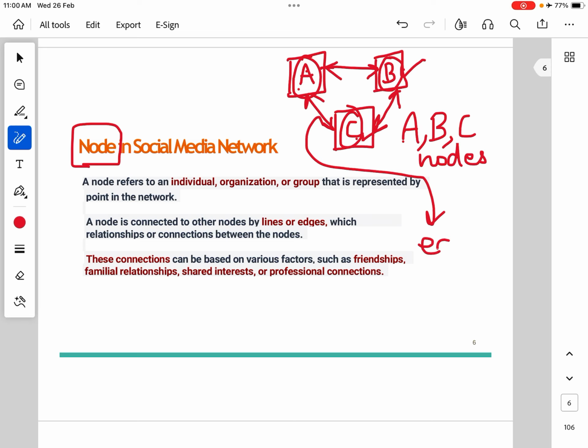This is nothing but an edge, a line connecting A with C, A with B and B with C. These connections can be based on various factors such as friendships, familial relationships, shared interests or professional communication. Here we have taken the example of friendship: A is friends with B, A is friends with C, and B and C become friends because of A being their common friend.